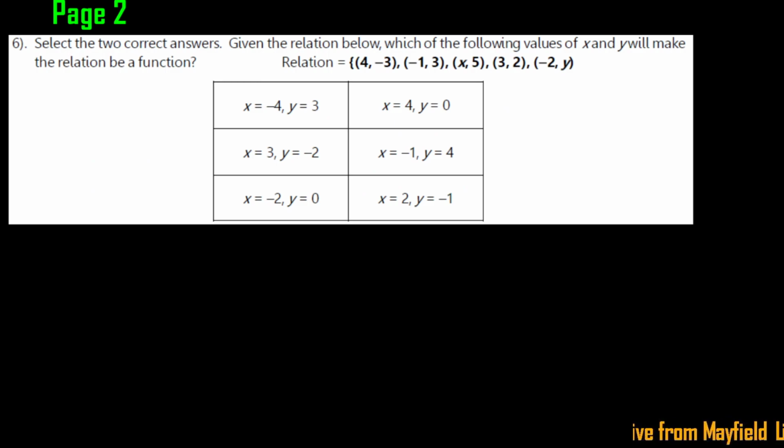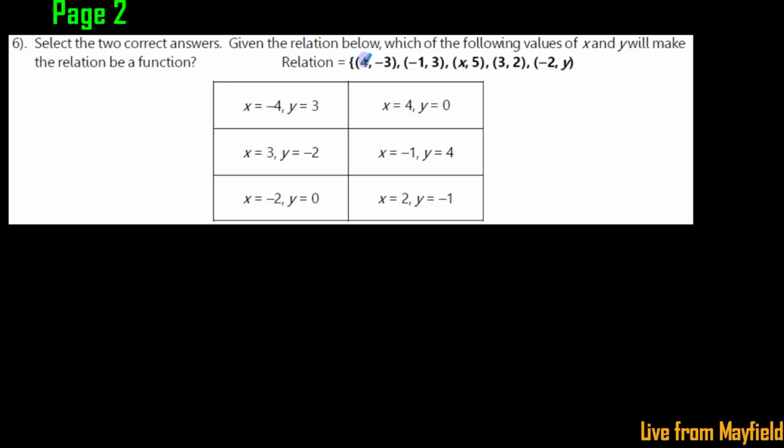And then for number 6, it says select 2 correct answers. It says, given the relation below, which of the following values of x and y will make the relation a function? So we have to only look at those x values. Let me highlight this.